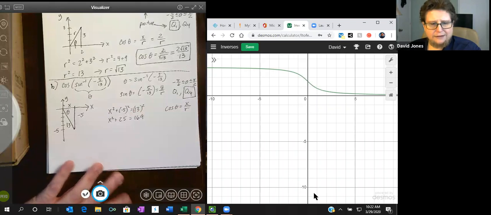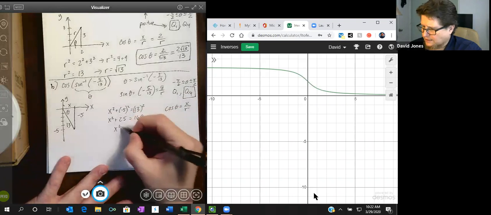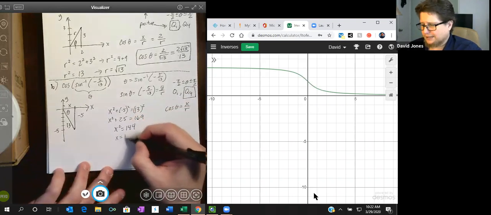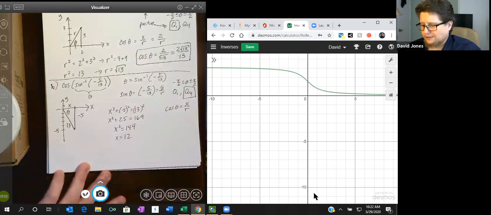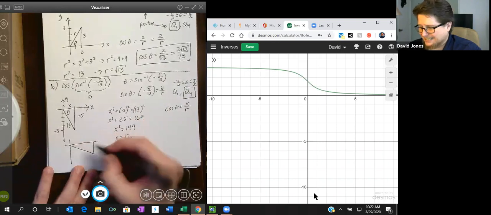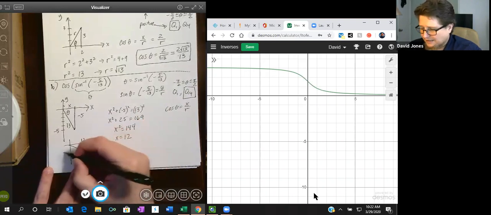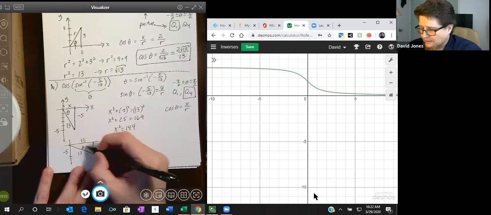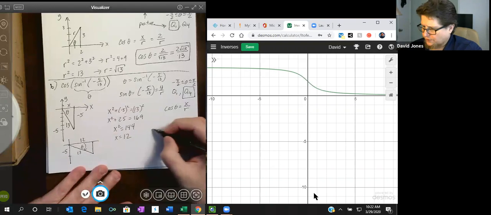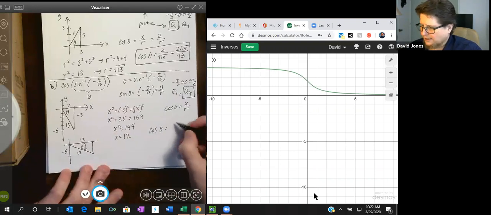X squared plus 25 equals 169. X squared equals 144, which means x equals 12. Which means my picture's kind of bad. Maybe it should have been more like this. So cosine theta is x over r, 12 over 13.